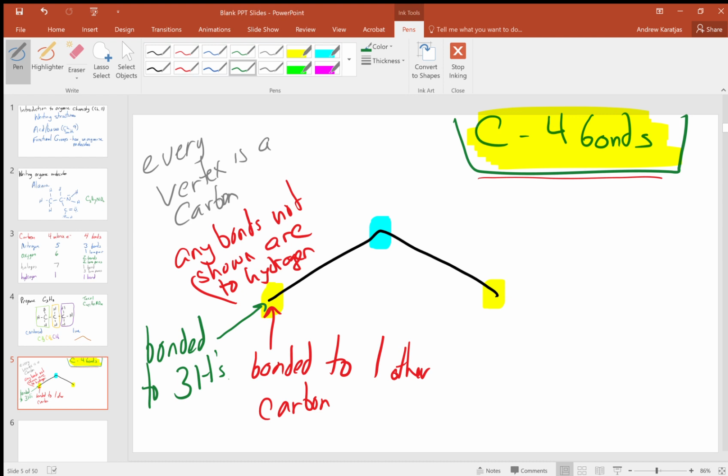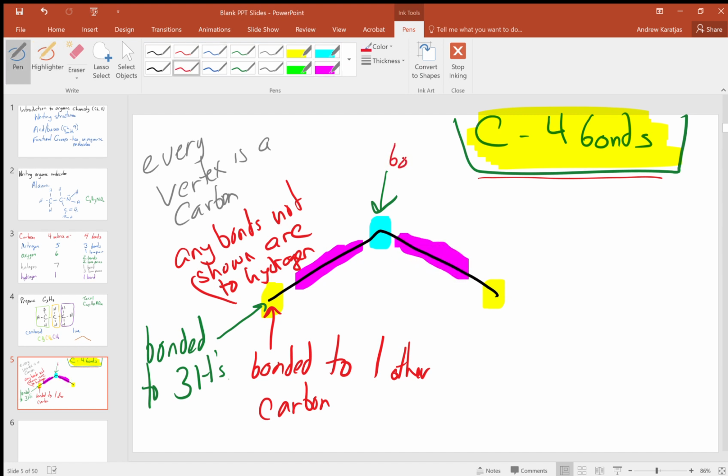Since carbon has to have 4 total bonds, and we only see one of them, we can assume it's bonded to 3 hydrogens. What about the atom in the middle, the one I've highlighted in blue? Well, we can see it has 1 bond to carbon, 2 bonds to carbon.